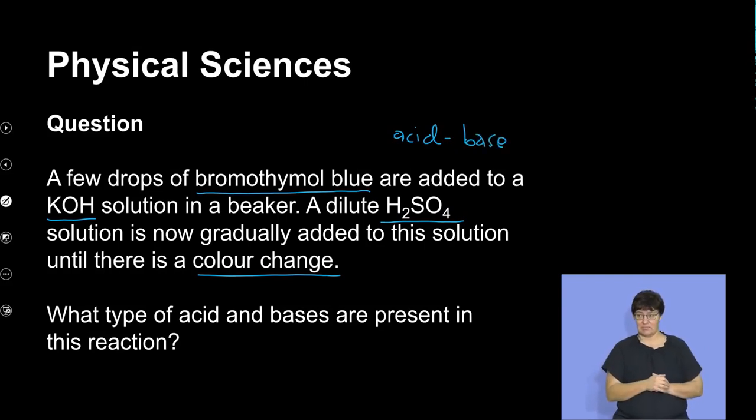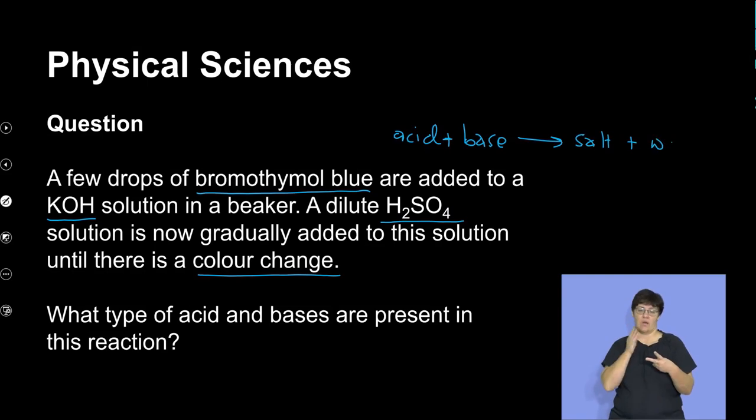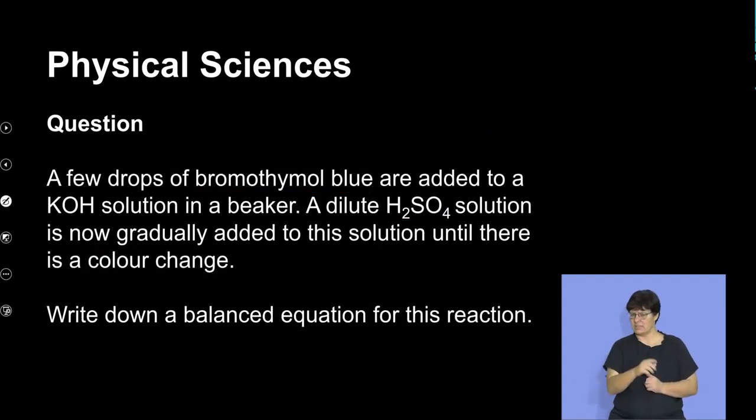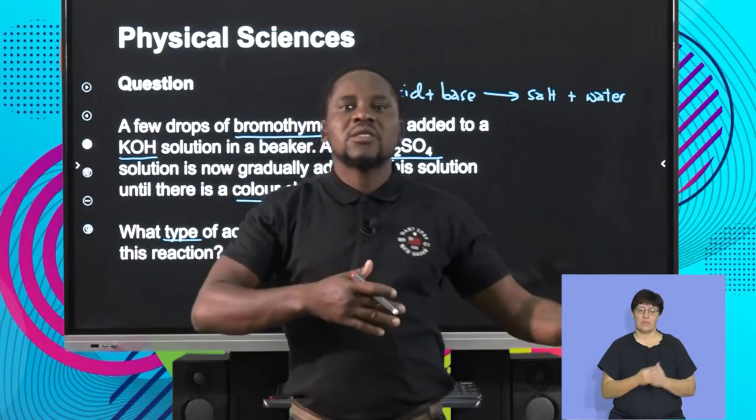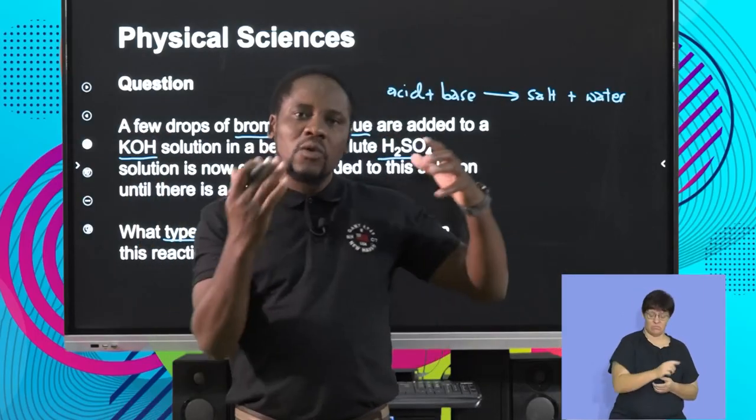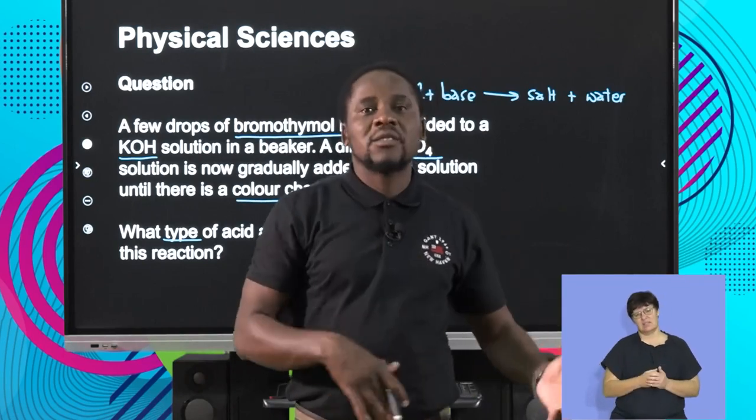Okay. So if we have an acid and a base, what do we expect to get from this reaction? We're getting a salt and water, right? Then the question says, what type of acids and bases are present in this reaction? So if we go back to that, we are looking at the type. Now remember, we've got weak acids, strong acids, weak bases, strong bases.